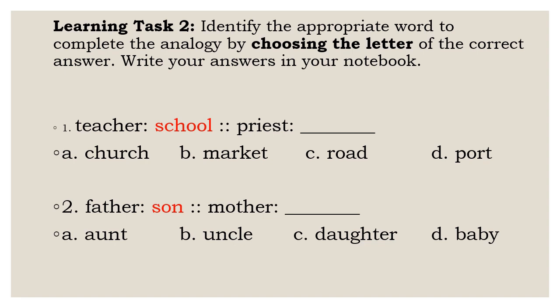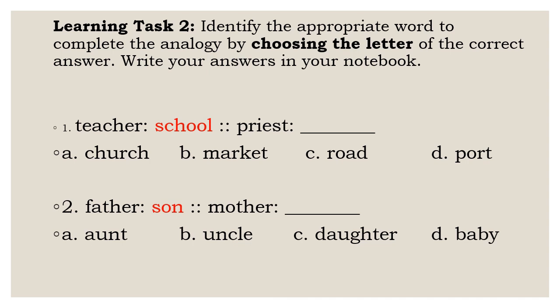Learning Task 2. Now guys, I did not include Learning Task 1 because I believe that is a very easy task. And that is our initial task that uses different shapes so that you can unlock the different patterns. So again, let's move on to Task 2.